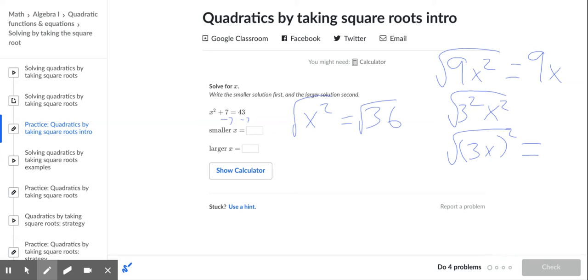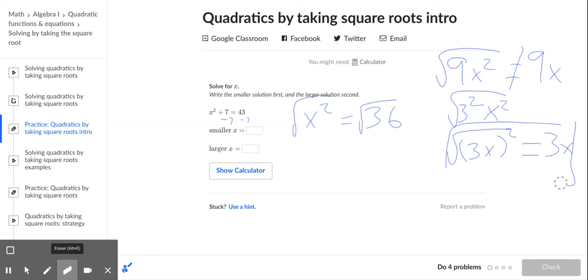So this is 3x. So this was not true, and this would be what is true. Now, I'm not going to expect you to do this kind of manipulation. I'm just showing you what you would have to do to be able to take the square root of both sides. You have to have the squared apply to everything that you're taking the square root of. That's the point that I'm trying to make.